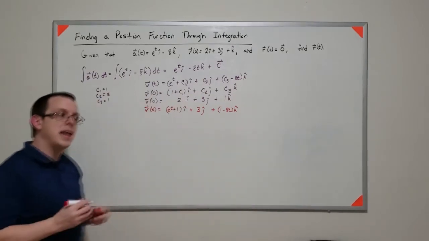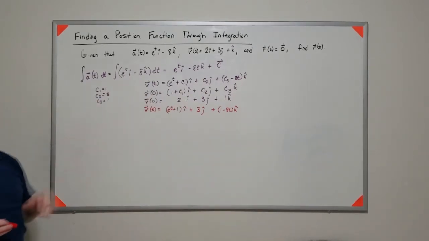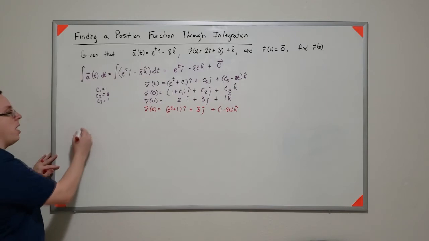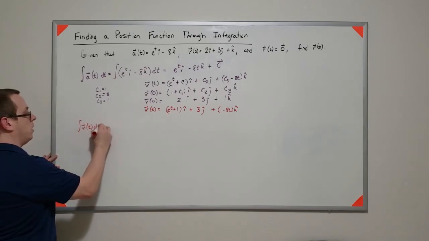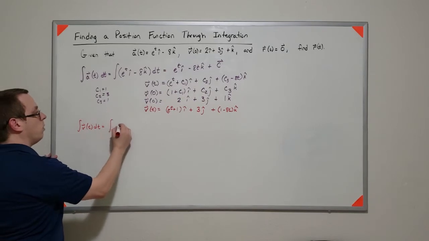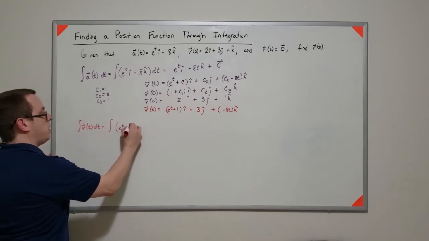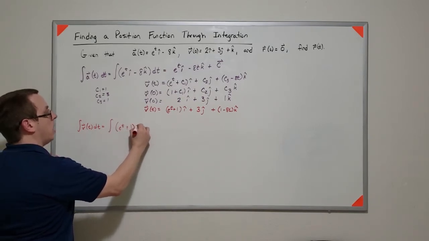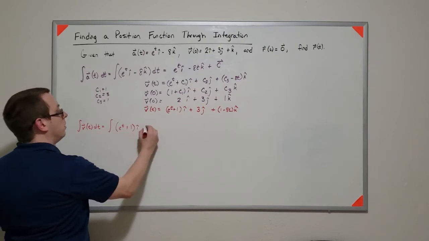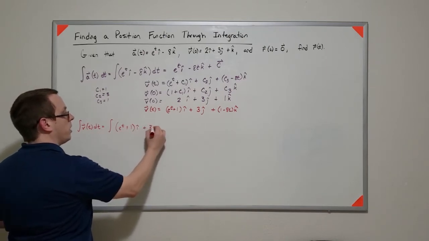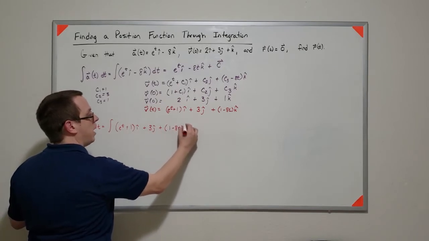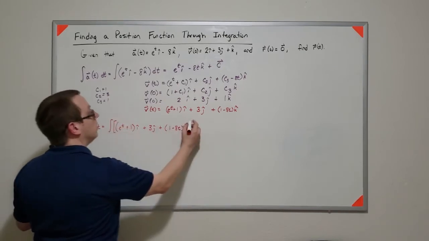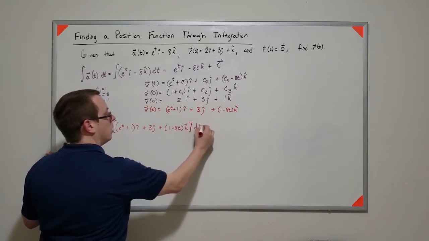So what we're going to do is integrate this velocity function, or antiderive it rather. So we want to antiderive velocity, and to do that, we're going to take (e^t + 1) i plus 3 j plus (1 minus 8t) k dt.